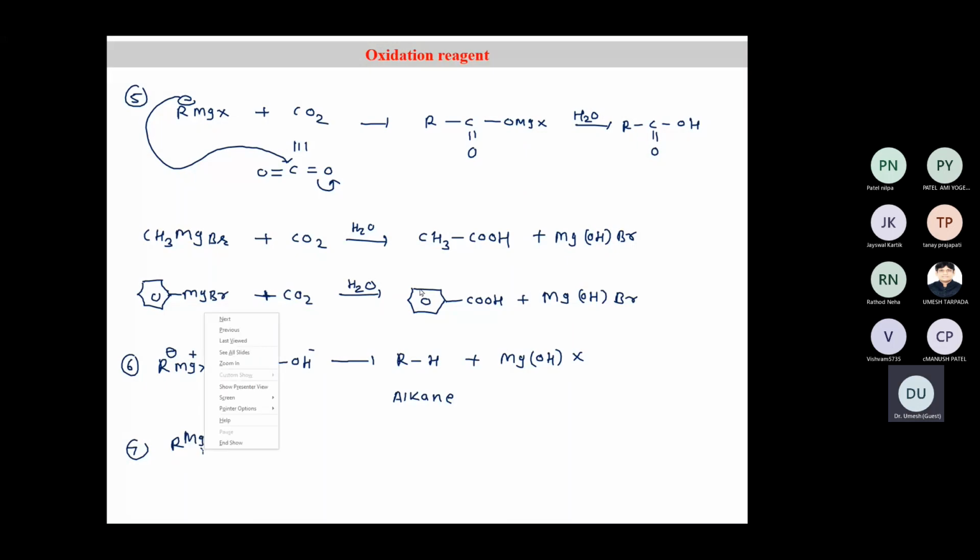RMgX, 2 moles of this reagent, when added to oxygen O2, which is nothing but an oxygen-oxygen double bond, gives 2 moles of ROMgX, which on hydrolysis gives 2 moles of ROH, and the byproduct is MgOHX.